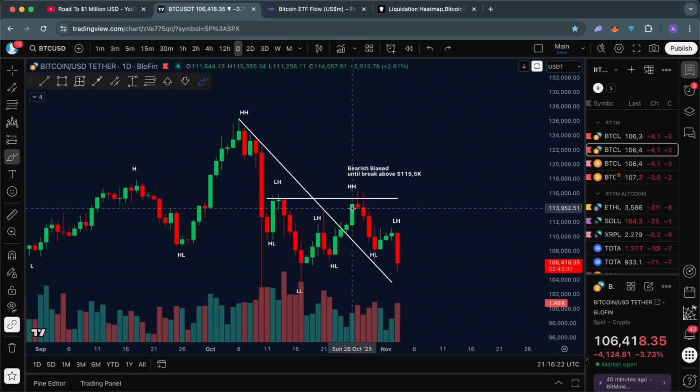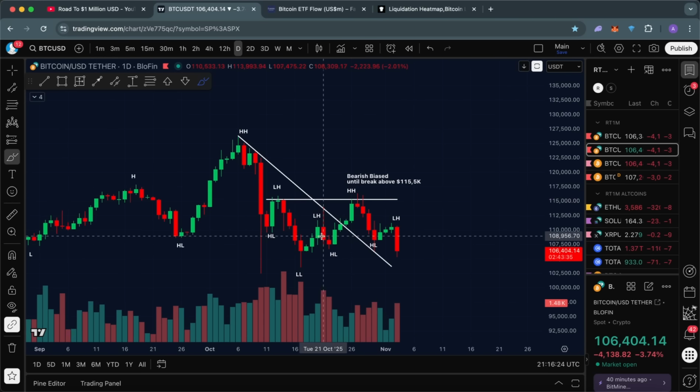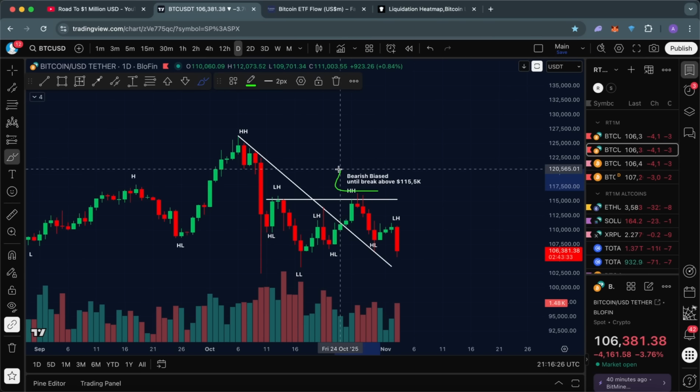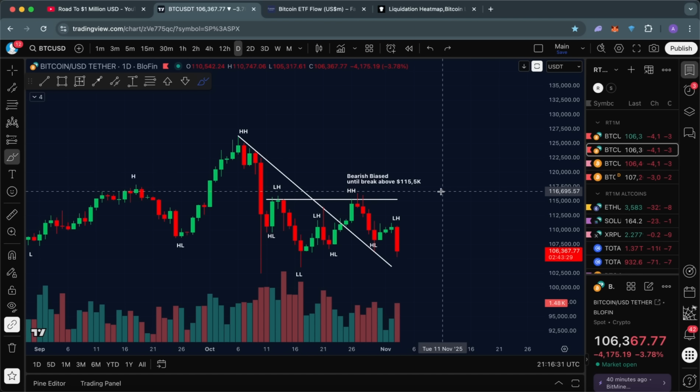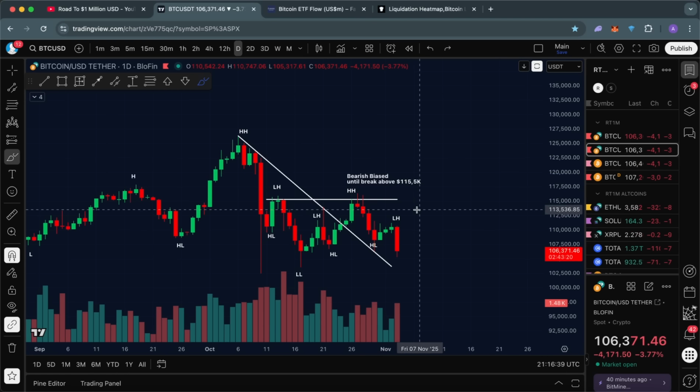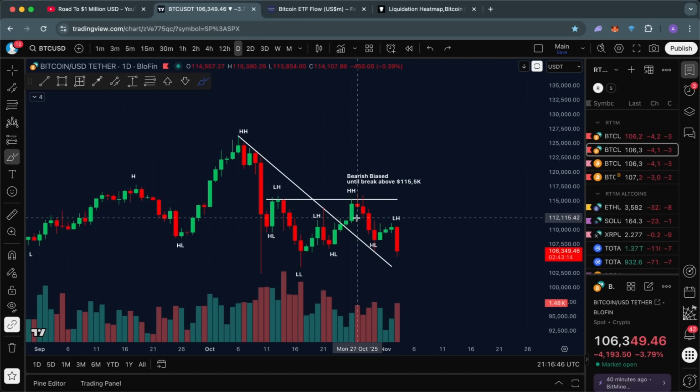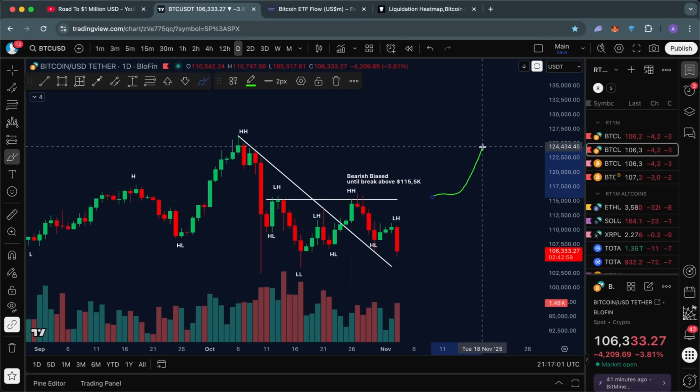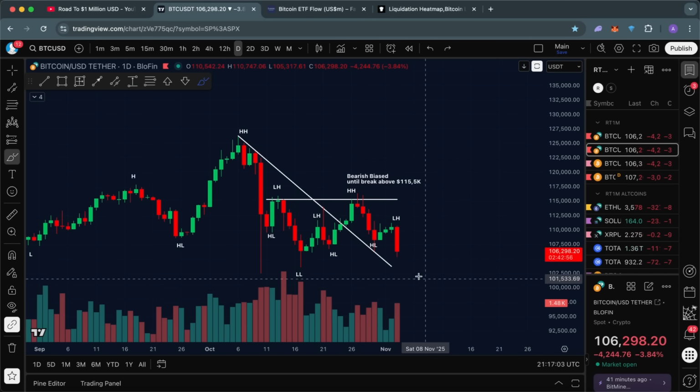Besides that, on this daily time frame, if we simply take a look at the market structure here, I am still bearish biased until we break above 115.5K. So I need to see candle closes above this level here before you will see me flip much more bullish on Bitcoin. Before then, my base case outlook is that we are going to create new lows in the Bitcoin price, but of course there can be short-term pumps within a larger downtrend, and there can be short-term dumps within a larger uptrend, right?